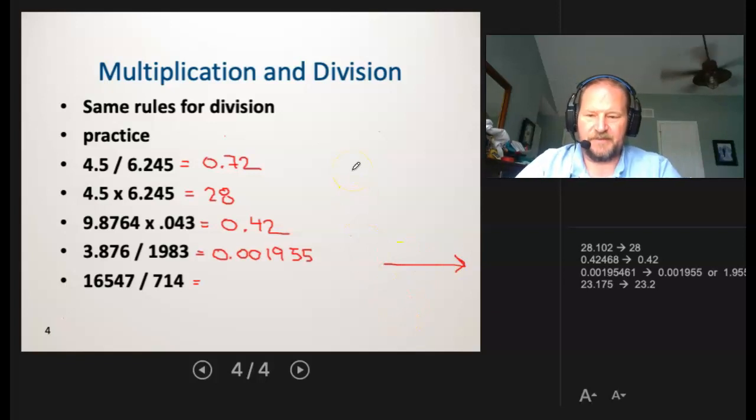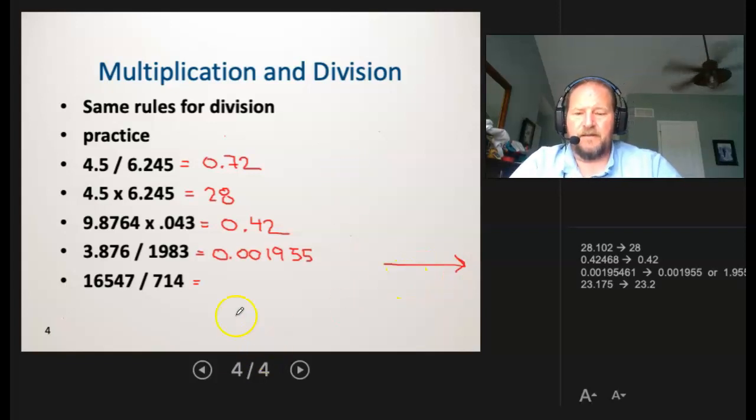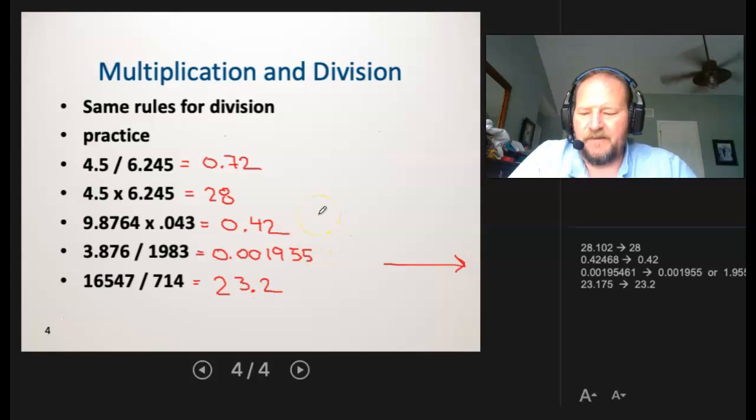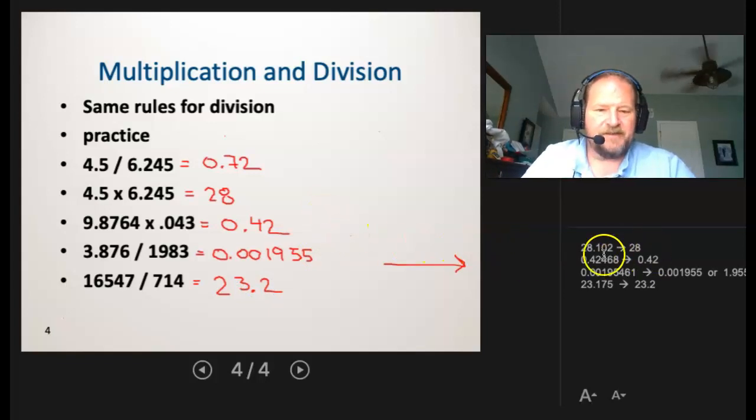That's all right. 16,547 divided by 714. That'd be 3 sig figs, so 23.2. So if anything, at least I can see over here, I was getting the same answers as I've been getting all along, so that's pretty good.